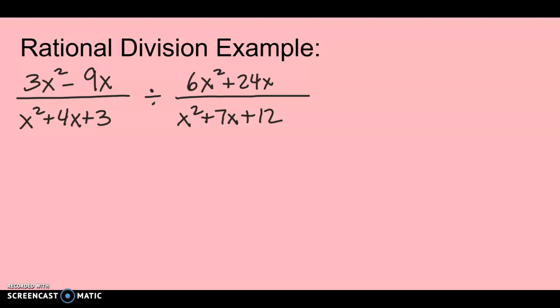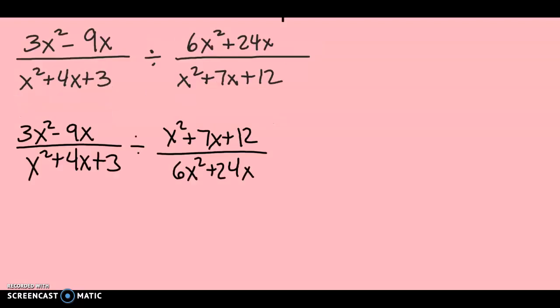Whoops, it looks like I made a mistake there. I left that as a division when we need that to be a multiplication. Let's try this again. There we go. Now we have a multiplication symbol in between. So we have copy, dot, flopped our division problem.